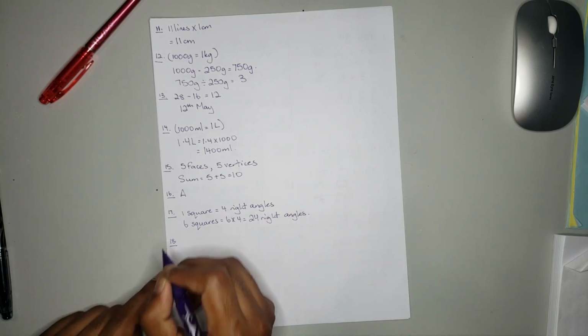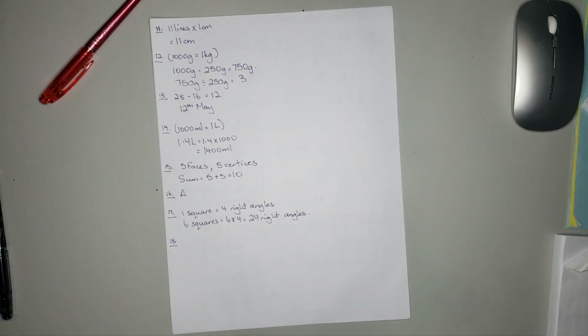Number 18. The tally chart shows the favorite colors of 33 students in a class. Insert the missing information to complete the tally chart. Now, you know when you add red, blue, yellow, green, the total is supposed to be 33.